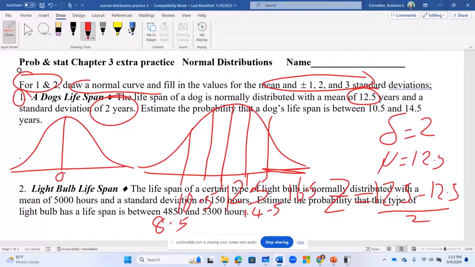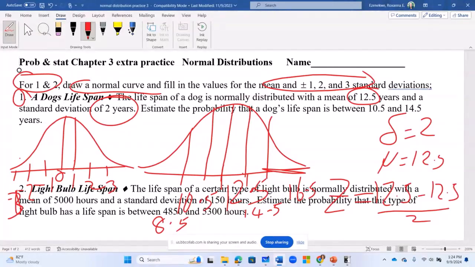So this is 0. 1 standard deviation above the mean, I already know it is 1, and it is 14.5. 2 standard deviations is 16.5. 3 standard deviations is 18.5, and so on. 1 standard deviation below the mean is 10.5, negative 1. 2 below the mean is 8.5. 3 standard deviations below the mean is 6.5, so this is negative 3.